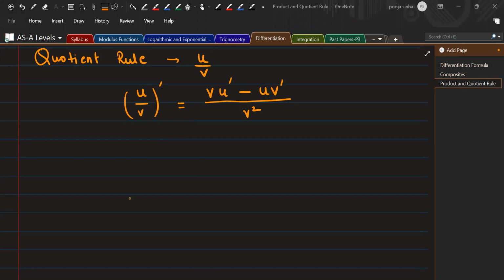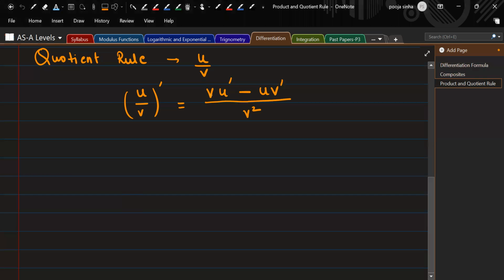So denominator first. समझ में आया बेटा ये? So u upon v dash is equal to, v as it is रखना है. ये याद रखना है कि डिनोमिनेटर को पहले ही रखना है, क्योंकि माइनस साइन है यहाँ पे, अगर हमने गलत कर दिया तो उल्टा हो जाएगा आंसर.